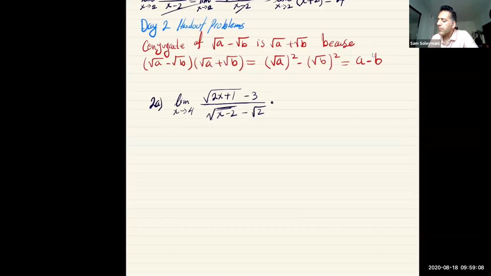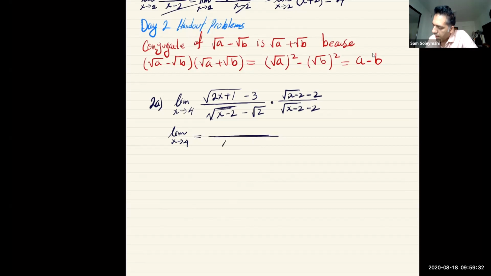Just begin by multiplying the top and bottom by that square root of x minus 2 plus 2. You get the limit as x goes to 4 of, in the denominator, x minus 2 minus 2 because of the difference of two squares.